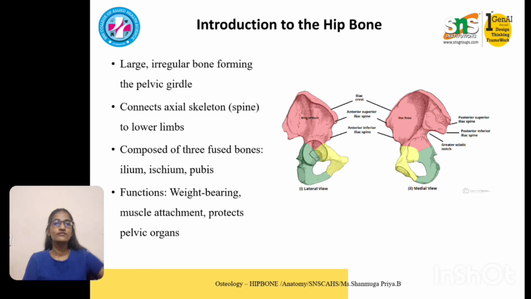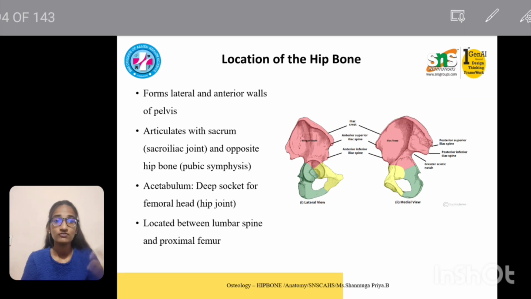Next, we are going to deal with the location of the hip bone. The hip bone forms the lateral and anterior walls of the pelvis. It articulates posteriorly with the sacrum at the sacroiliac joint and anteriorly with the opposite hip bone at the pubic symphysis. The acetabulum is a deep socket on its lateral side that receives the femoral head.